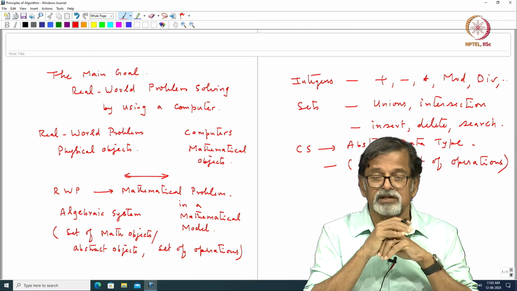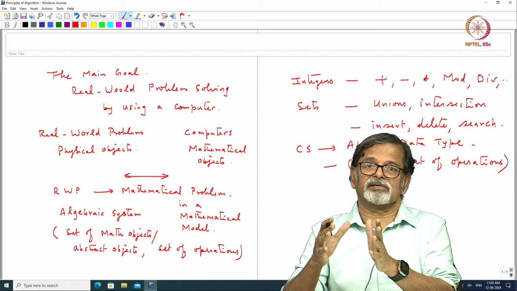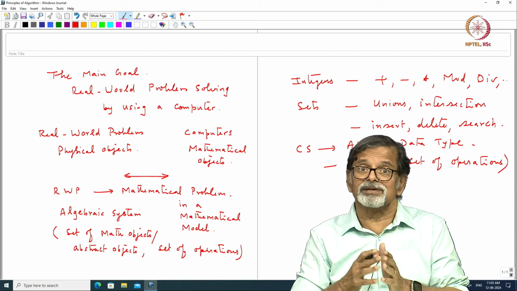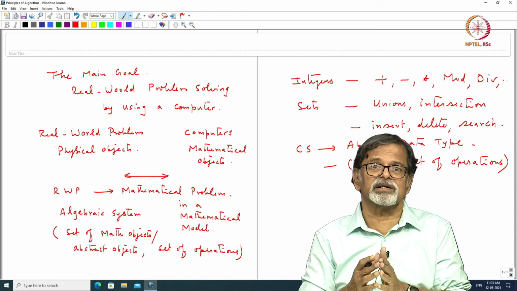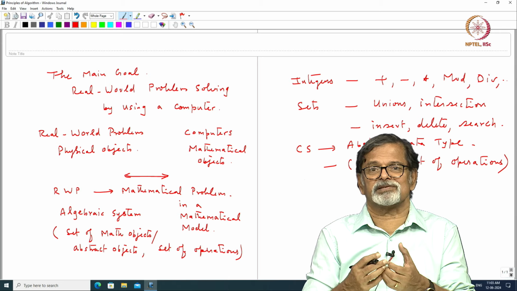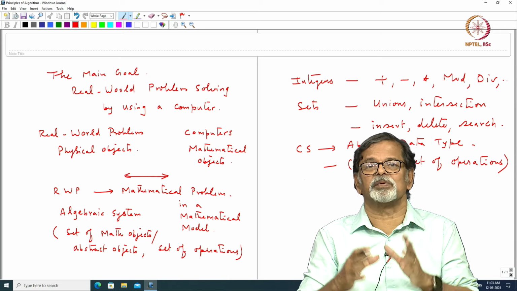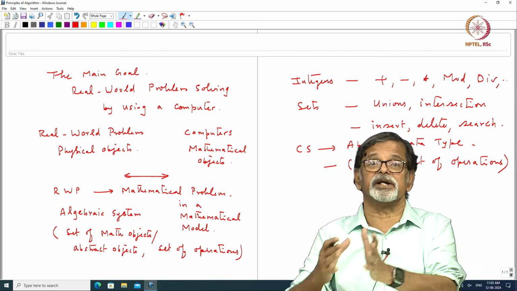So, algebraic system in mathematics is treated as abstract data type by computer scientists. However, in computer science, we will deal with concrete mathematical objects, their representations, and everything is explicitly represented and manipulated. Operations are defined so that they can be carried out by the machine and so on.